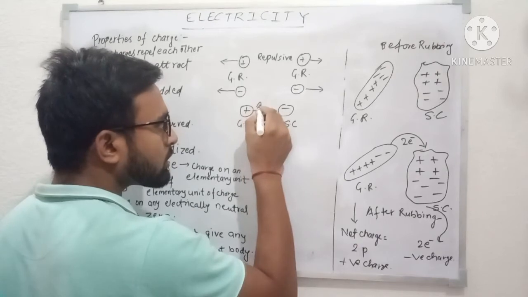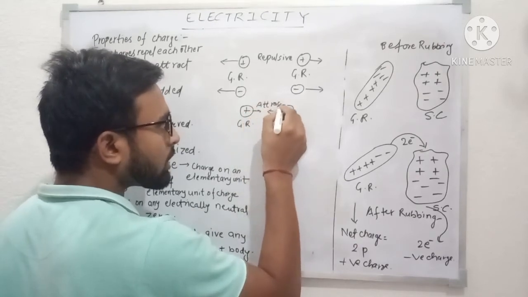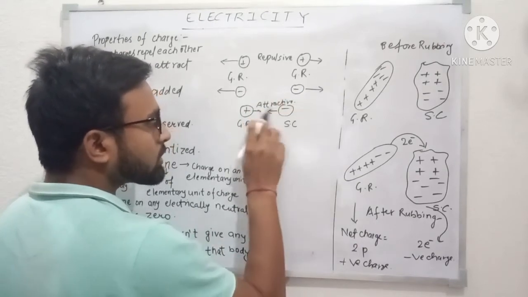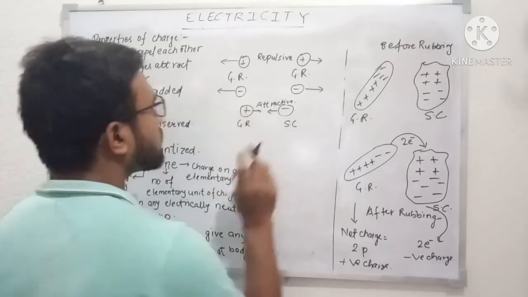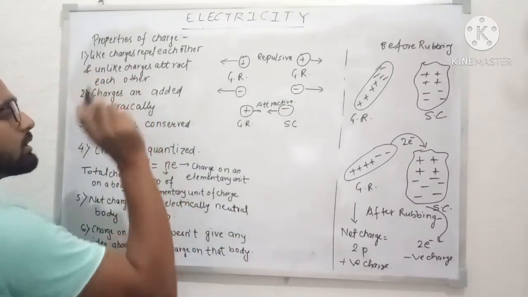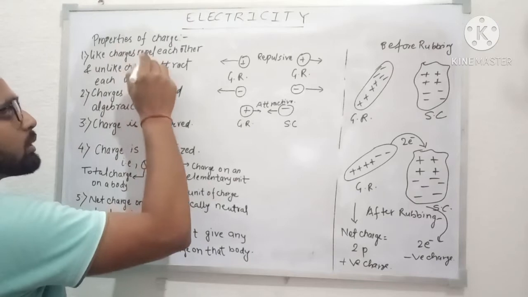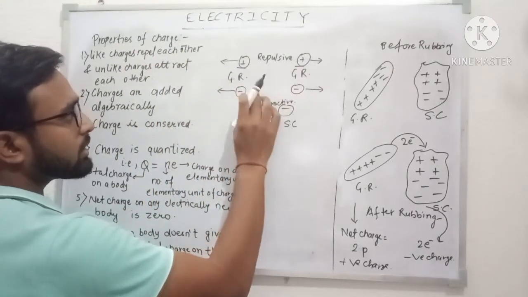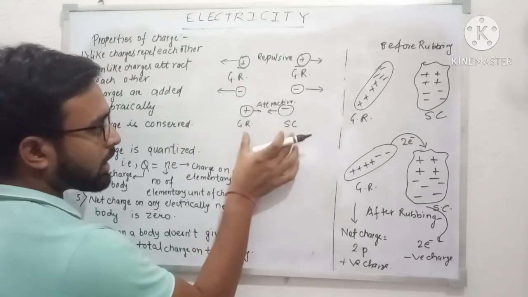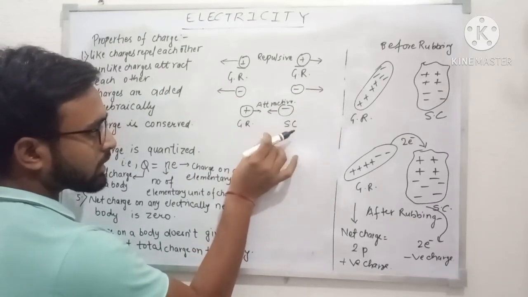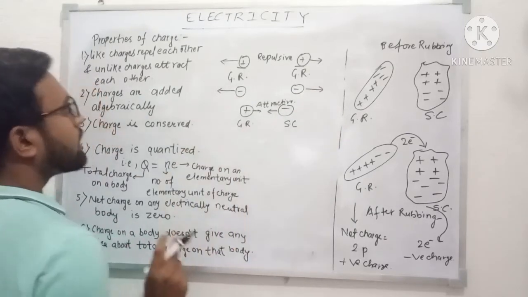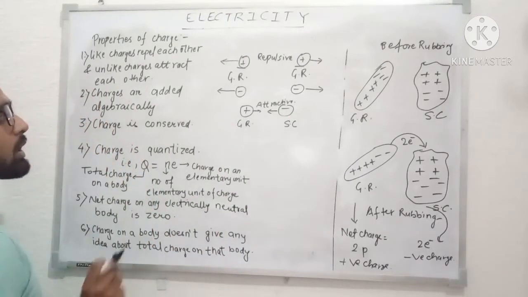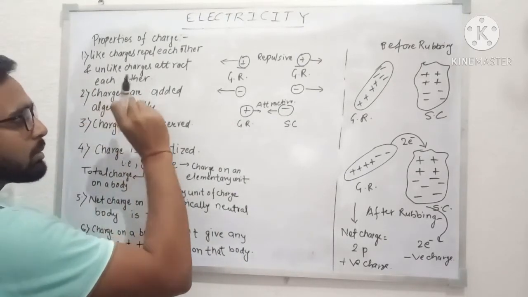Which type of force? Attractive force. This is what the first property of charge tells us: like charges repel each other and unlike charges attract each other. Okay, clear? First point.